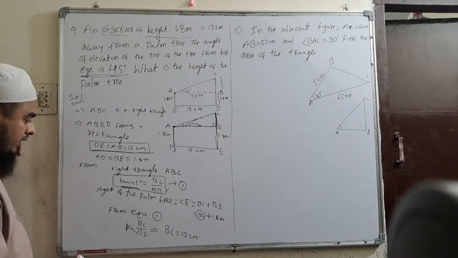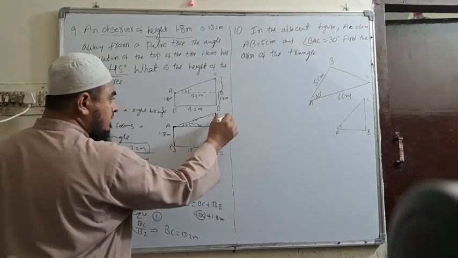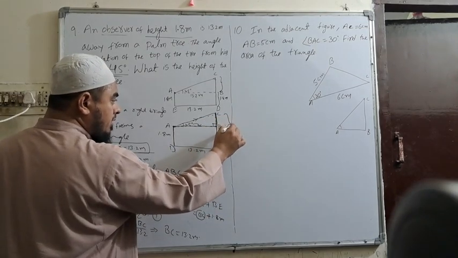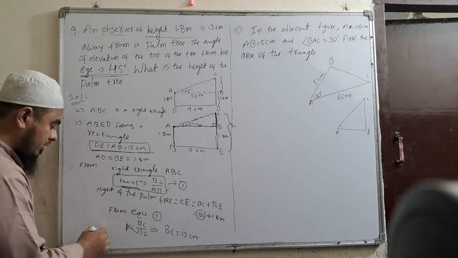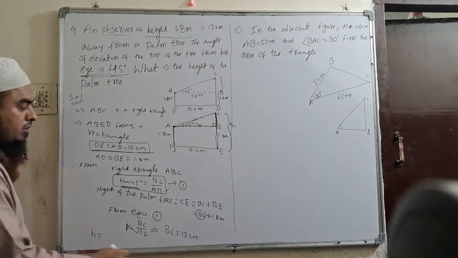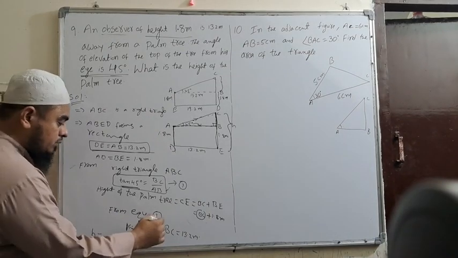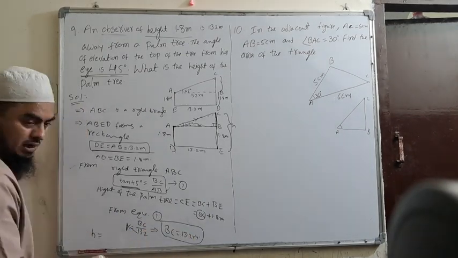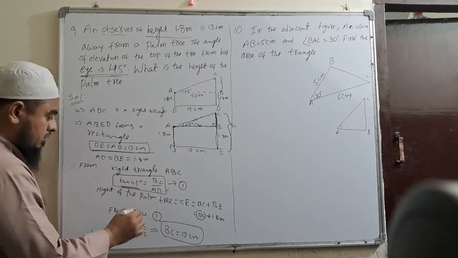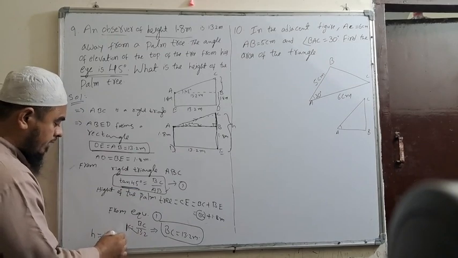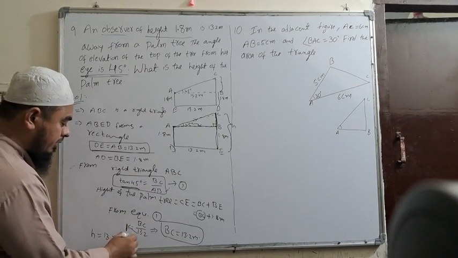Right. Now the height of the palm tree we can take as H. Here you can write the total height of the palm tree is H, that is CE. So the height of the palm tree H is equal to BC plus 1.8 meters. So we got BC is equal to 13.2 meters, plus BE, which is nothing but 1.8 meters.